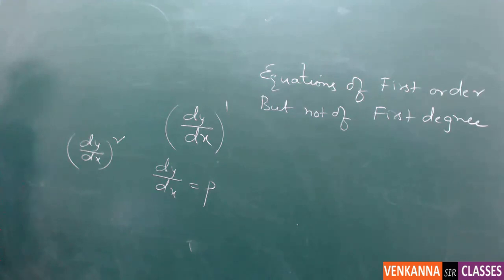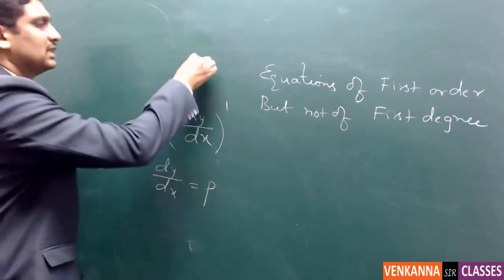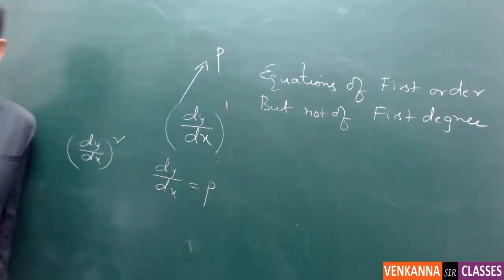So that is one thing. If dy by dx whole cube, whole power 4, those things are there, then how do we solve those equations? That category comes under the concept of equations of first order but not first degree. For our writing convenience and solving purpose, we use the symbol dy by dx is equal to p.